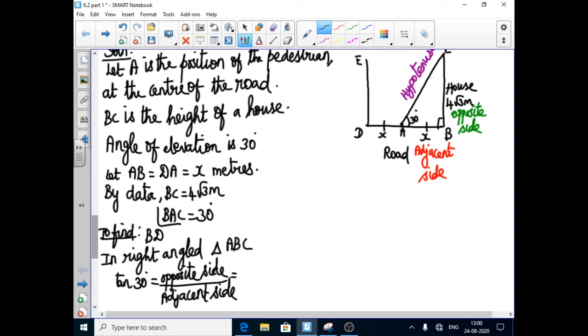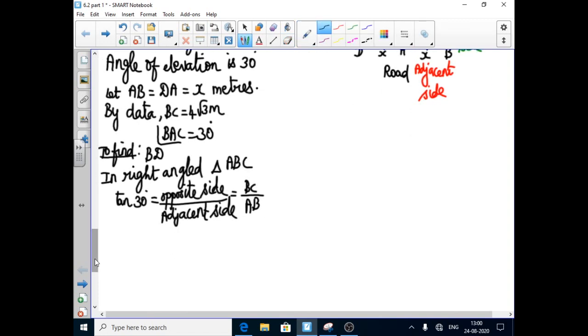That is equal to, the opposite side is BC, so BC divided by AB. The BC value is given as 4 root 3. Now we know the angle, so substitute it. Tan 30 degrees is 1 by root 3.